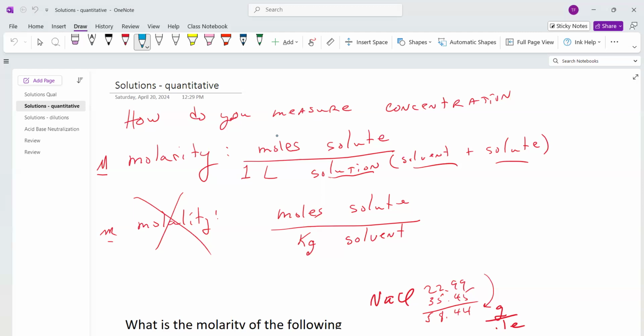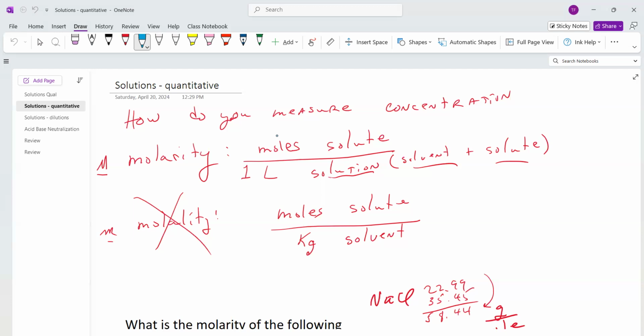Now, there's another quantitative measurement that we're not going to be covering in this class that you'll get to in 1A or 3A and possibly 2A, depending on who's teaching the class. That's called molality. There's molarity and molality. They're not the same. They sound almost identical, but for those of you who are learning English, that is a real subtle difference.